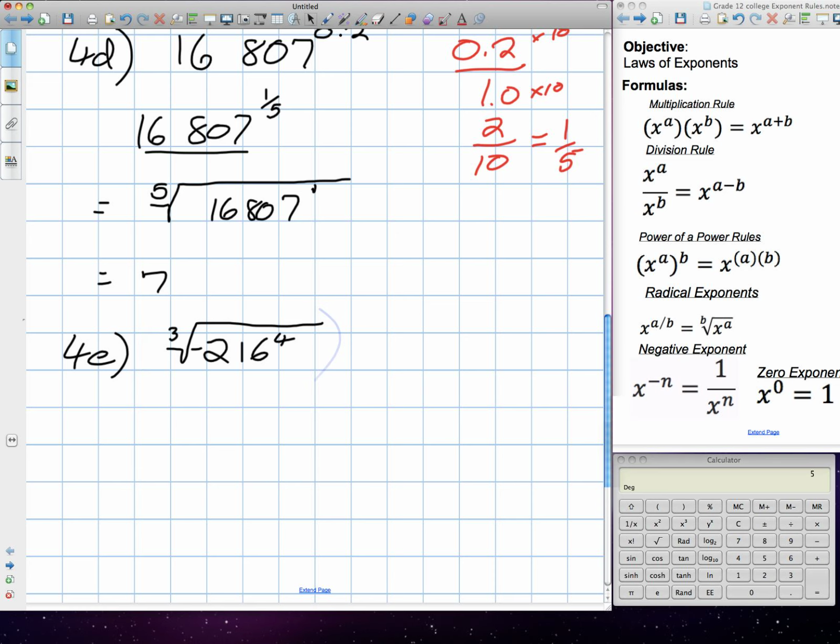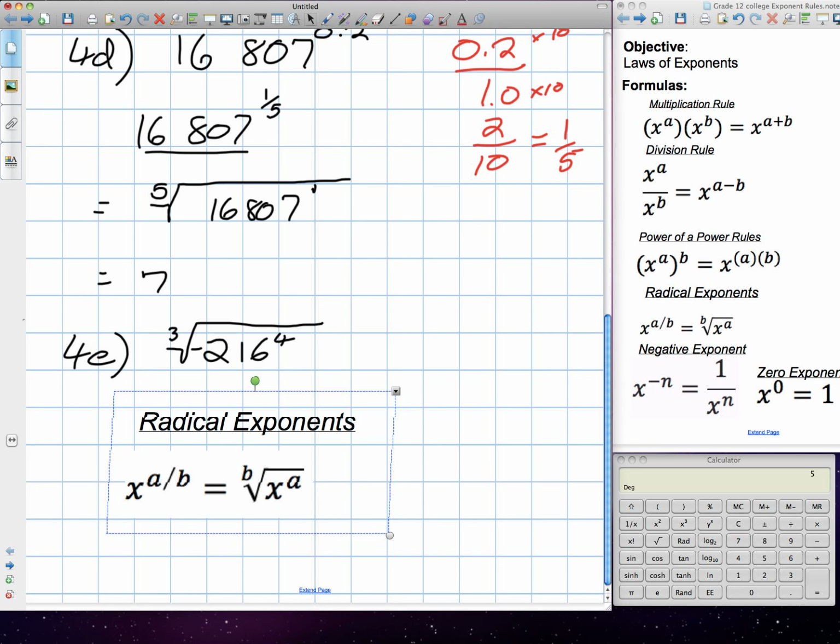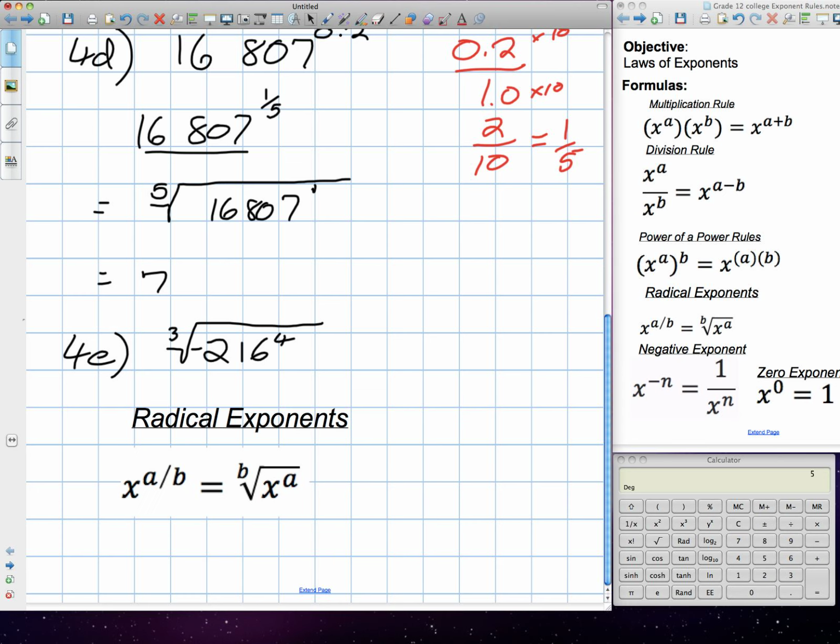Our radical exponents. We'll underline what we have. This is our base. Negative 216 is our x. Our a is 3. And our b is 3.